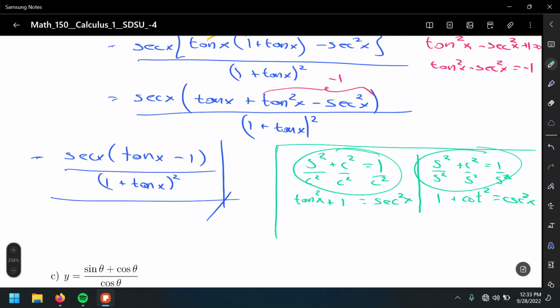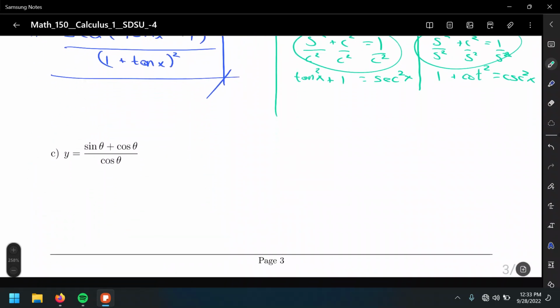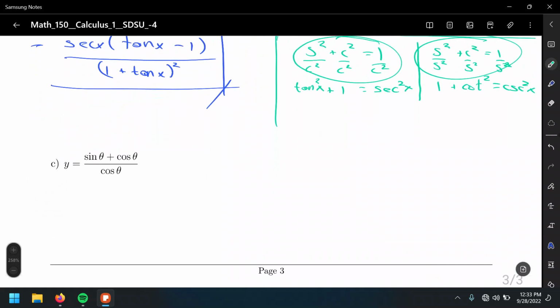Alright? Let's do one more. y equals sine theta plus cosine theta divided by cosine theta. Any ideas on how to differentiate this function? What differentiation rule would be okay? Quotient rule? Yes, quotient rule, it's not a bad idea.